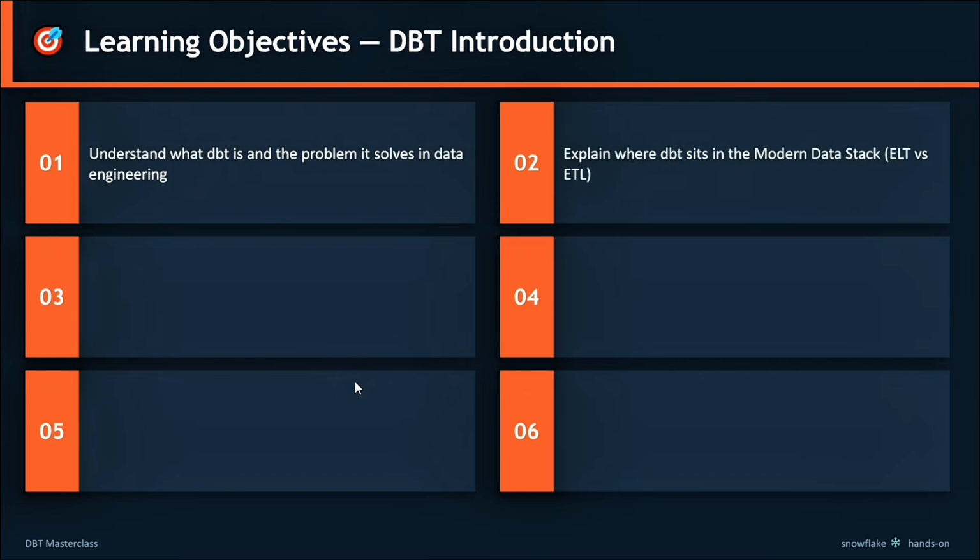Second, you will be able to explain where DBT sits in the modern data stack, and you will understand the critical difference between ETL and ELT. Third, you will be able to identify the key benefits of using DBT over traditional SQL scripting. There are many advantages, yes, and you will be able to articulate all of them clearly.